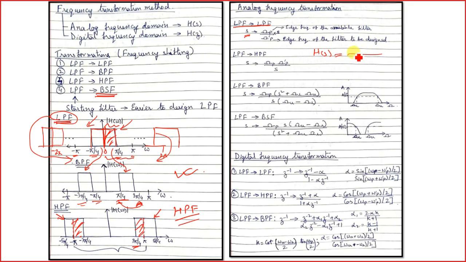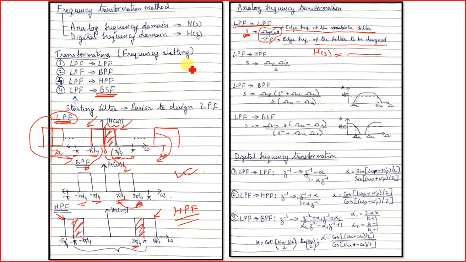So in the equation, your S will be replaced with omega p divided by omega dash p multiplied by S, where omega p is the edge frequency of the available filter, and omega dash p is the edge frequency of the filter to be designed. I have also talked about low pass filter to band pass filter and low pass filter to high pass filter.